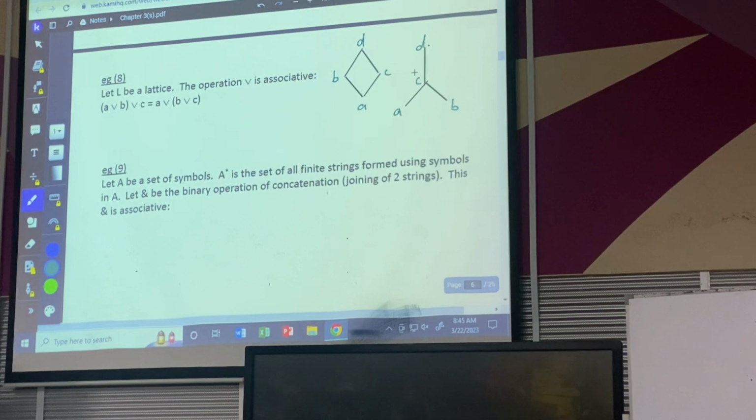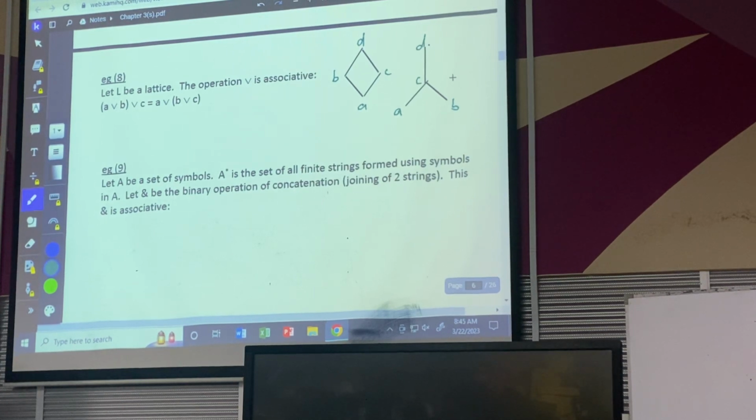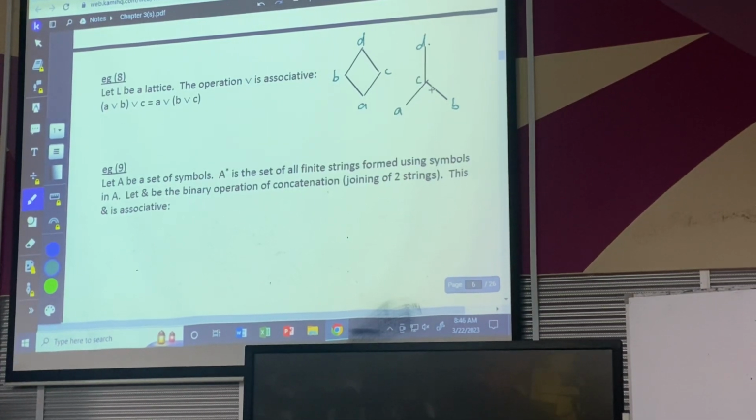A, B, C, D. Which one? C. Correct? Greatest lower bound is C. What is the greatest lower bound of A and C? A and C, greatest lower bound. Or you find the lower bound first. What is the lower bound of A and C?